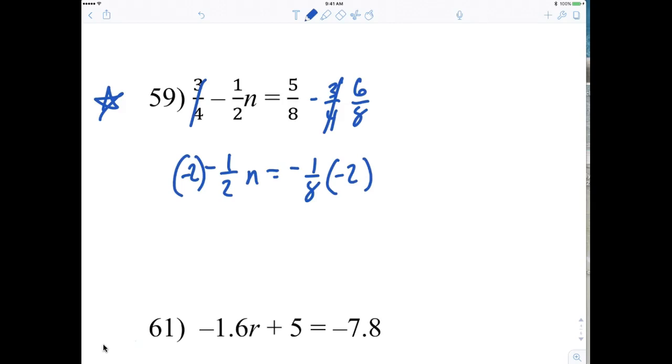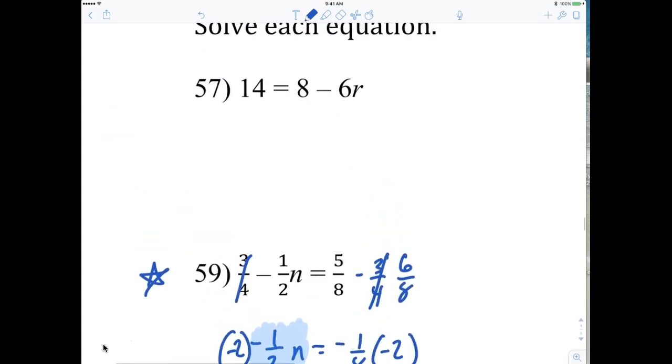You always take the reciprocal of the number that's next to the variable. It's easier to think of the reciprocal when you're dealing with fractions. So now I end up with n is equal to, everybody should know, 1/4.